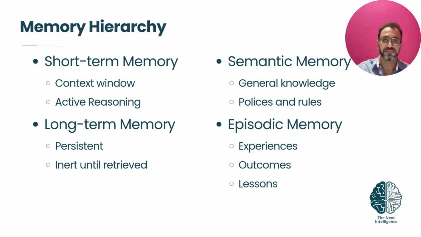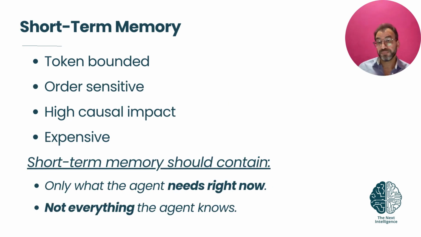Short-term memory, let's start with that. In general, the short-term memory, as we said previously, is the context window, and it has four critical properties. First, it is bounded. Second, it is expensive.